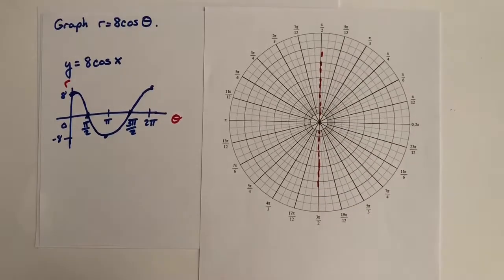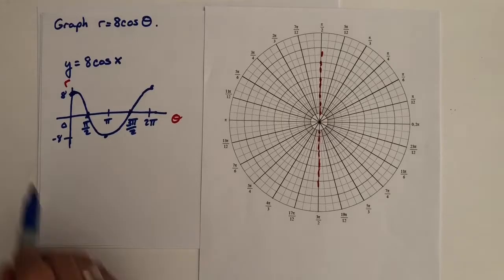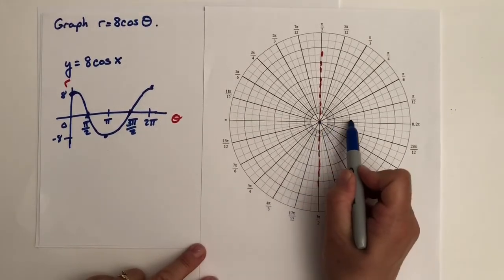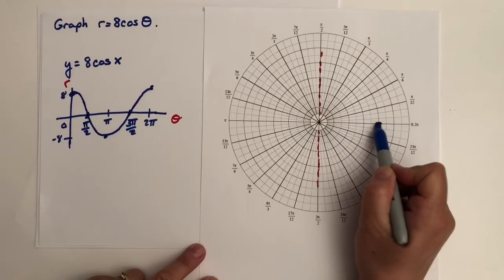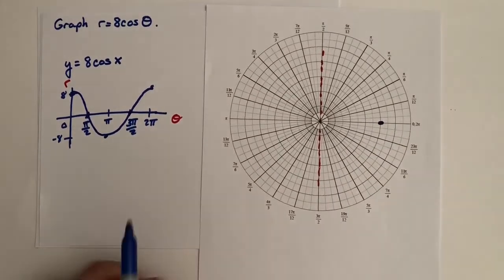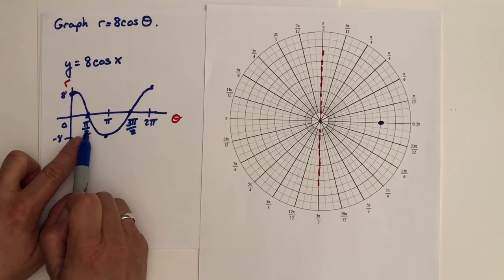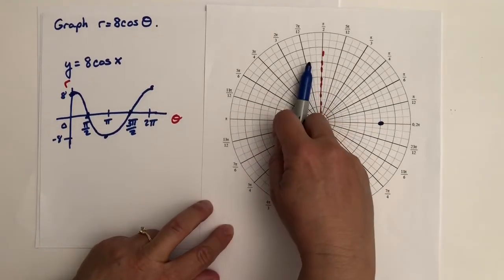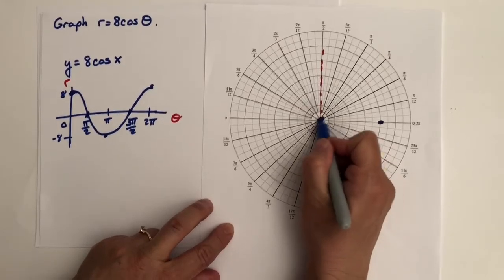So let's see what our graph looks like. At 0 radians, we're at 8. 2, 4, 6, 8. At pi over 2, we're at 0. So between 0 and pi over 2, it has come to the pole.